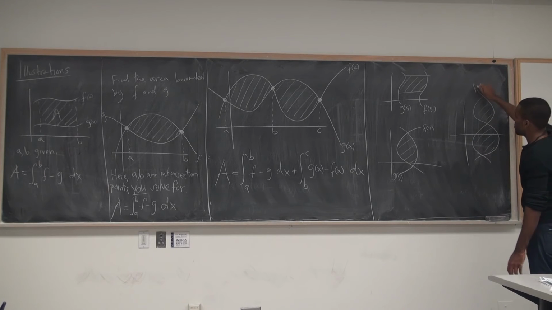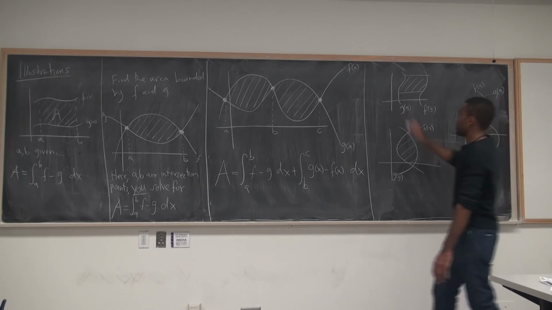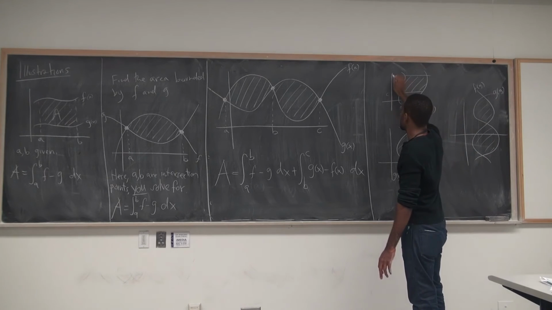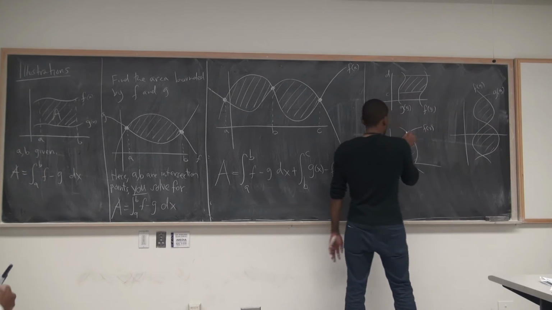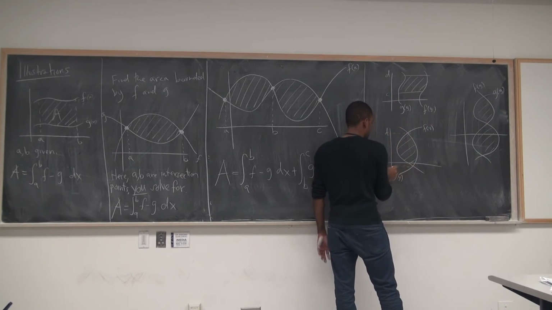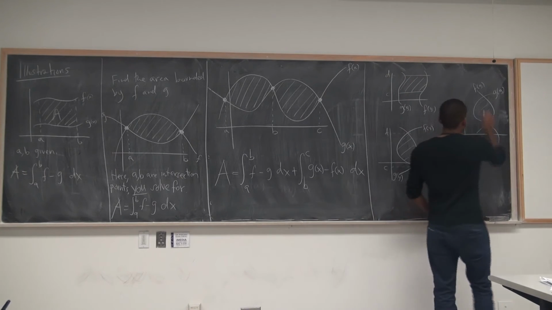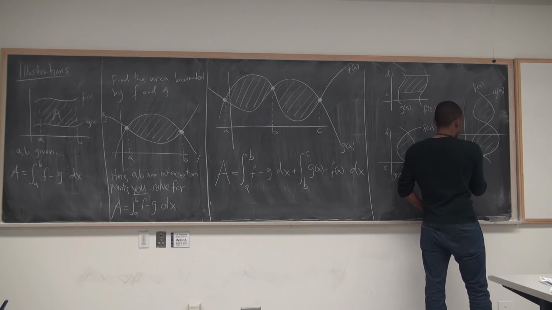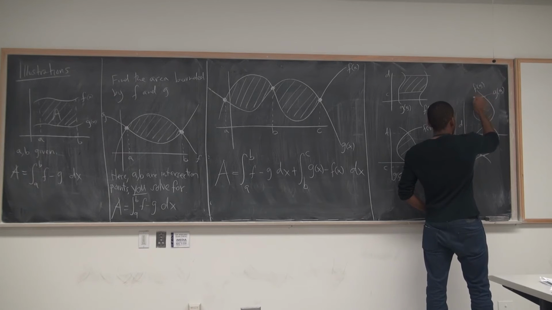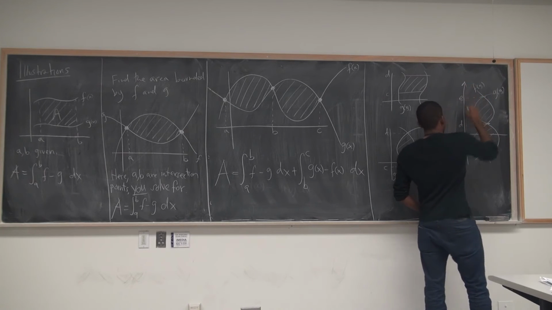Where this is F of Y, this is G of Y. So let's say this here is C, D, and E.